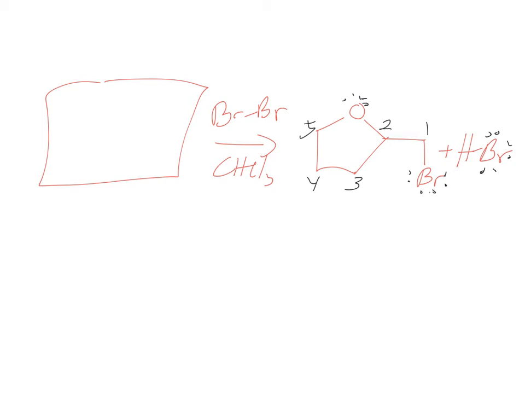So let's think about the 2 bonds you made, because we know it's an addition reaction. We've been doing addition reactions. What are the 2 bonds you made? You made a sigma bond between C1 and Br. So these are bonds that are formed. And then you made a sigma bond between what else?